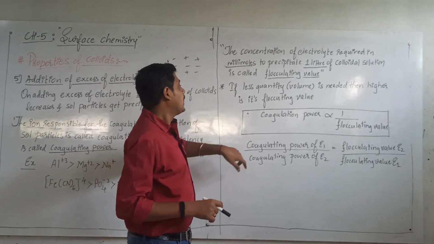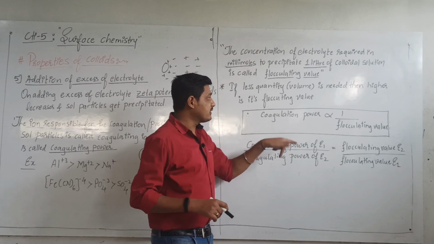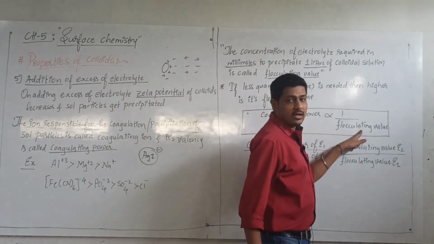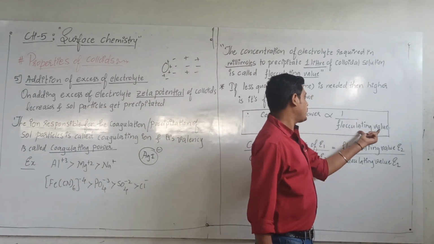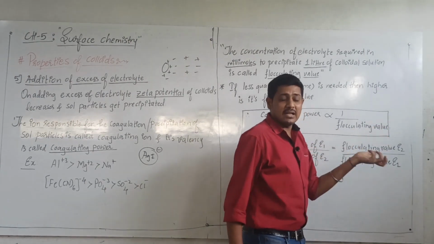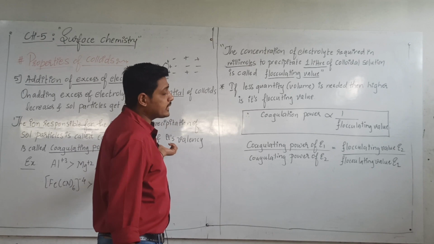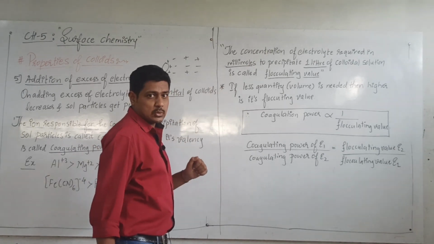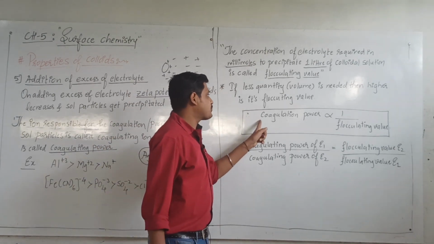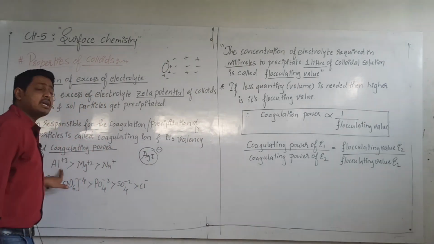Okay, then coagulation power is inversely proportional to the flocculating value. Why? Because the flocculating value is less when less quantity of the electrolyte is required to precipitate 1 liter of colloidal solution. It means its coagulation power or its oxidation state will be higher.